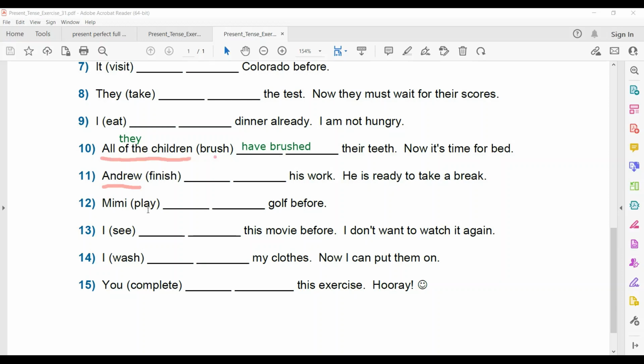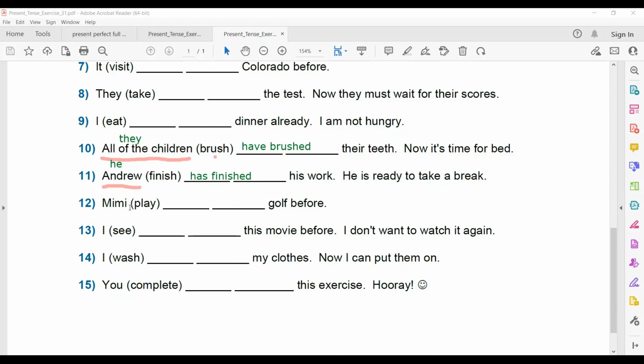Because in many cultures, English names are not common and people don't know who this is. So let me just tell you that Andrew is he. When we turn it into a pronoun, we just say here that he has. Finish is a regular verb, we just add ed. We say Andrew has finished his work.